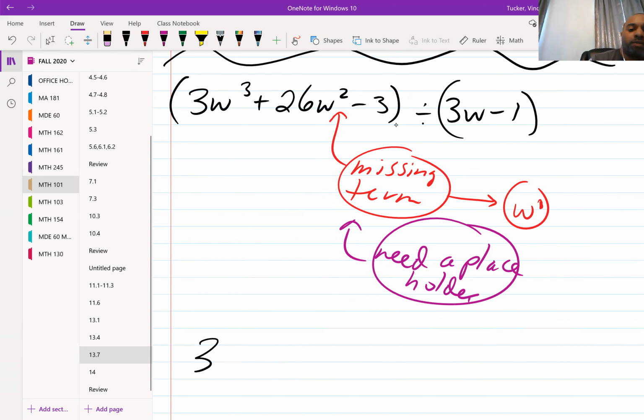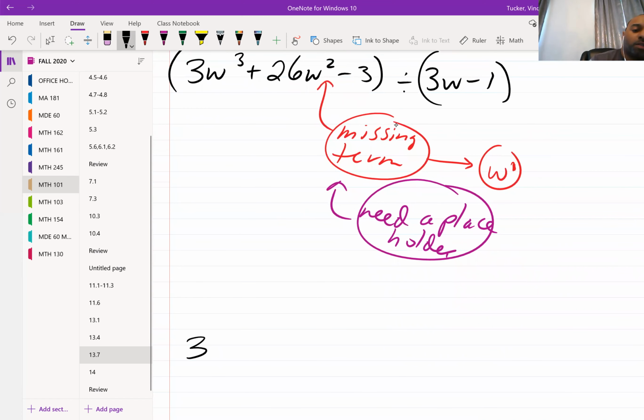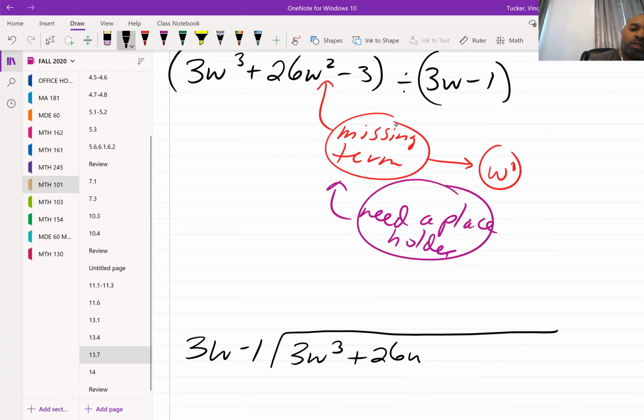Let me break it down further. So 3w cubed plus 26w squared plus, matter of fact, plus 0w. That's our placeholder. Minus 3.